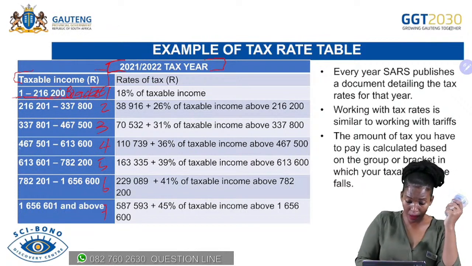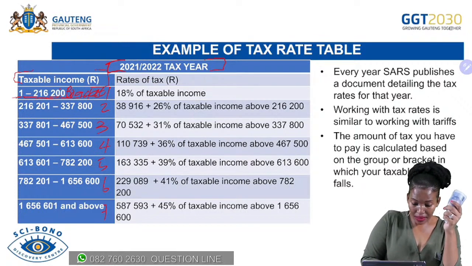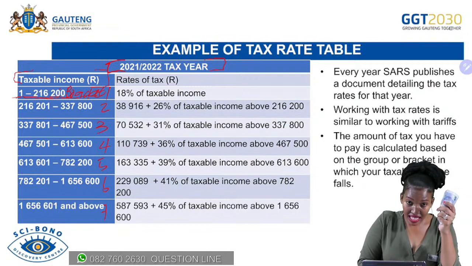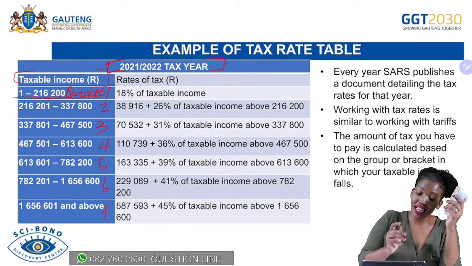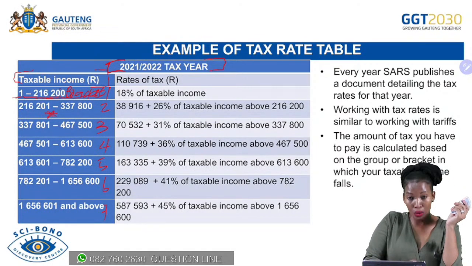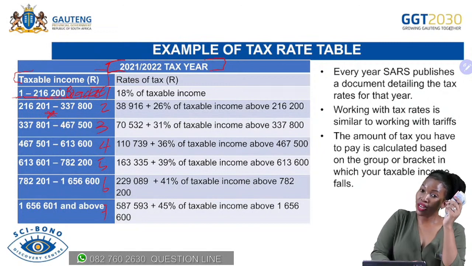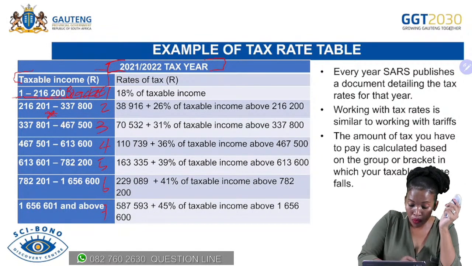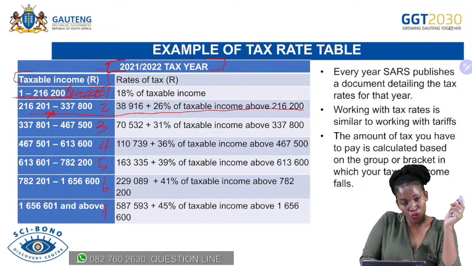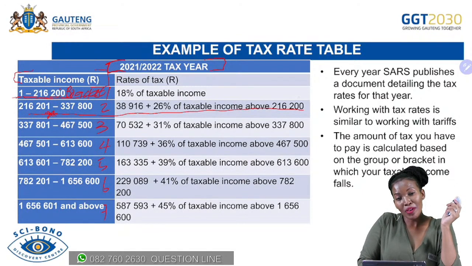It's almost the same. But then you check the second bracket. The second bracket is from 216 to 337,800. And how much do we have? We have 320. So 320 does fall between these two amounts, meaning that if we are going to calculate tax for this person, we are going to calculate it using bracket number 2.